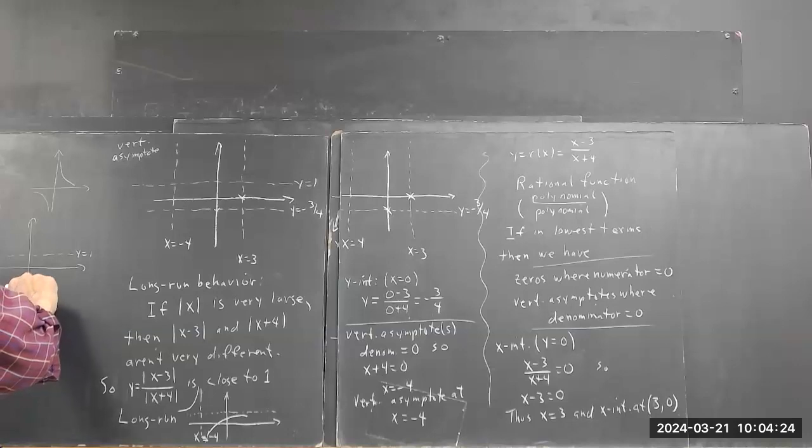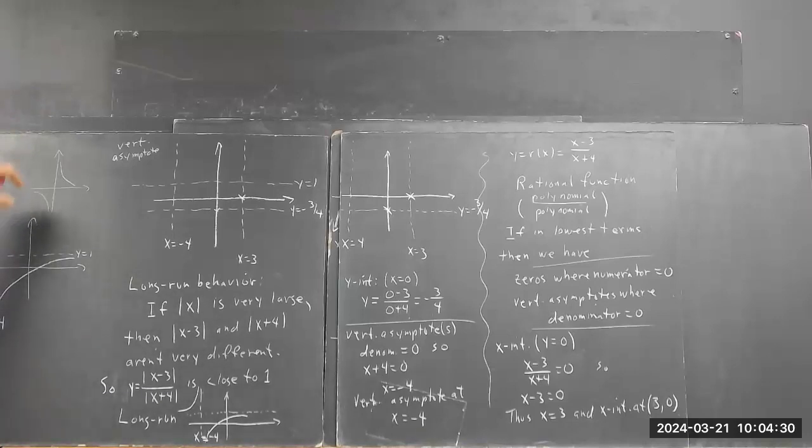What it's going to do is actually something very much like this. So you can see that we have this behavior like the reciprocal function, except that we have a negative multiple of the reciprocal function, which would flip the graph over the x-axis, so it would look more like this.